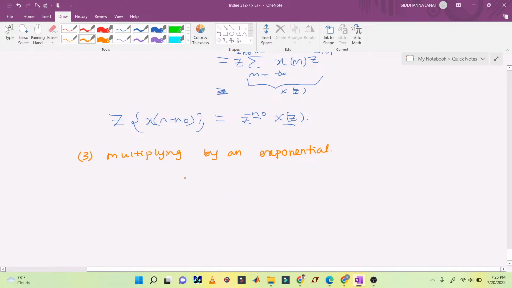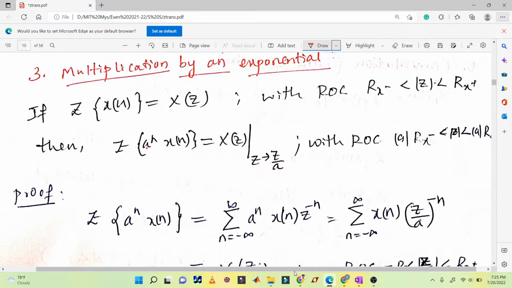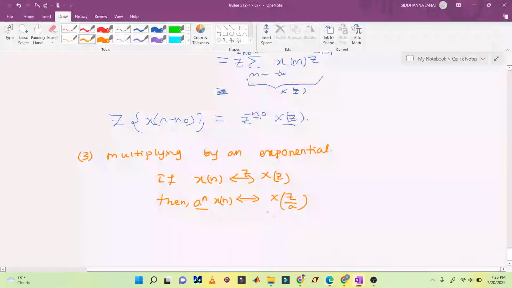According to this property, if x[n] produces the Z transform as X(z), then a to the power n x[n] will produce the output X(z by a). Okay, this is the property. Multiplying by an exponential here, z tends to z by a. Same thing I have given.